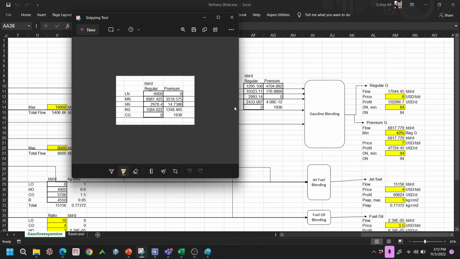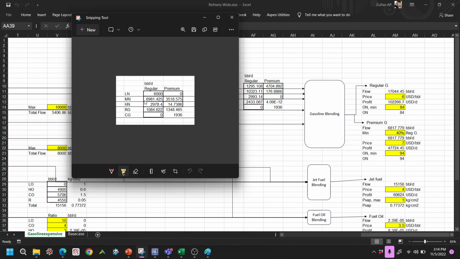So with 25% higher jet fuel price, it seems that you have to send about 6,000, about 5 times more light naphtha to the gasoline blending, and you minimize the medium naphtha by maybe 30% lower, and then the heavy naphtha is constant, and then the reformate gasoline goes down roughly half for the regular, and then for the premium, you have these differences.